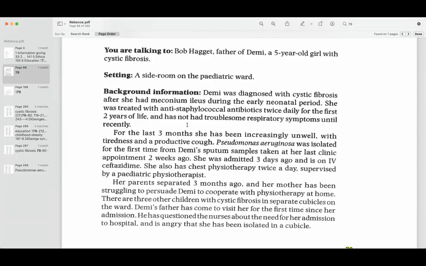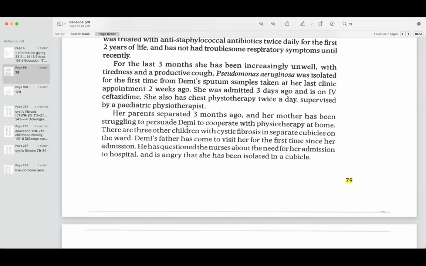Pseudomonas aeruginosa was isolated for the first time from Demi's sputum samples taken at her last clinic appointment 2 weeks ago. She was admitted 3 days ago and is on IV ceftazidime. She also has chest physiotherapy twice a day supervised by a pediatric physiotherapist. Her parents separated 3 months ago and her mother has been struggling to persuade Demi to cooperate with physiotherapy at home.